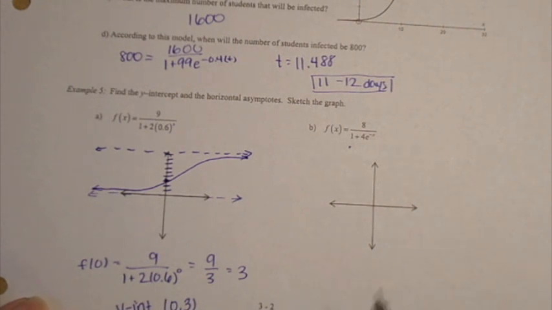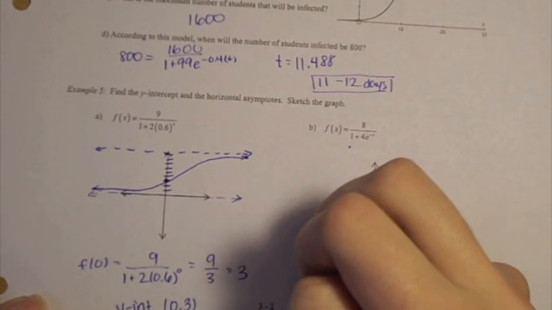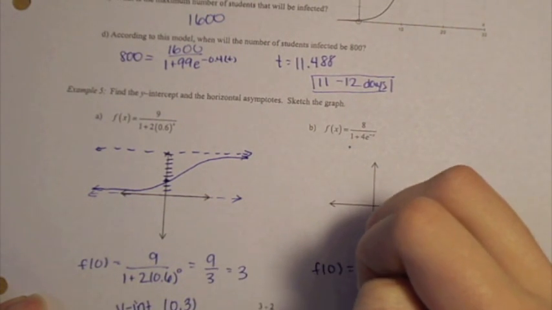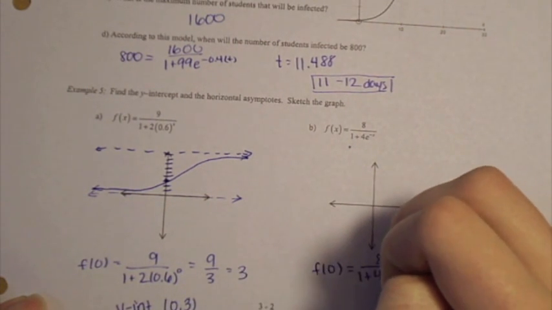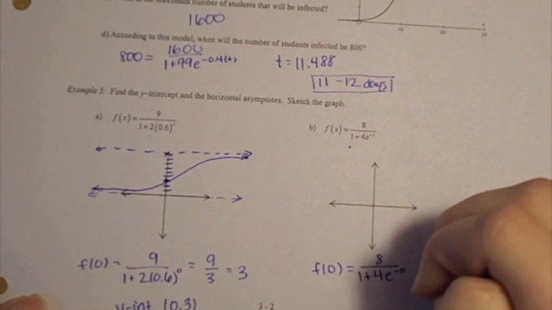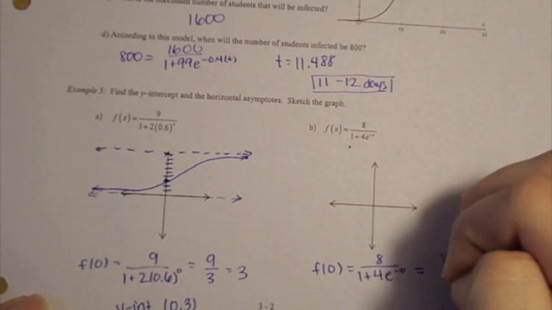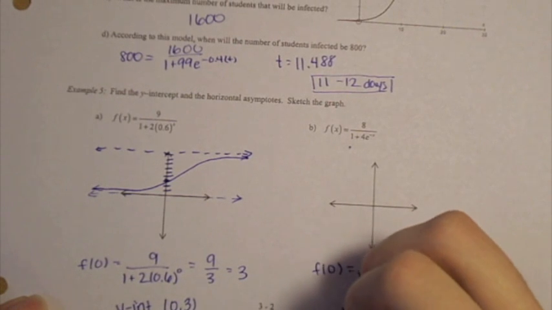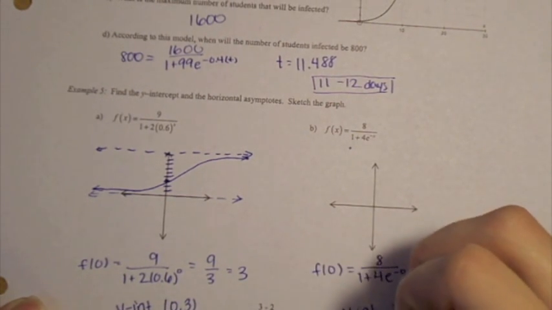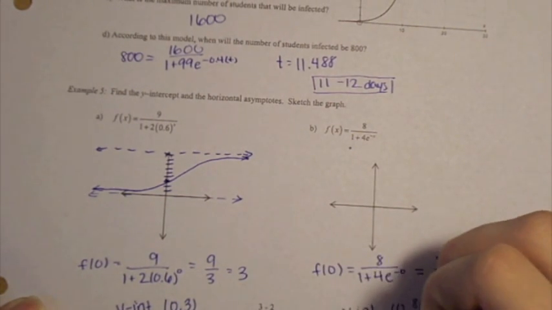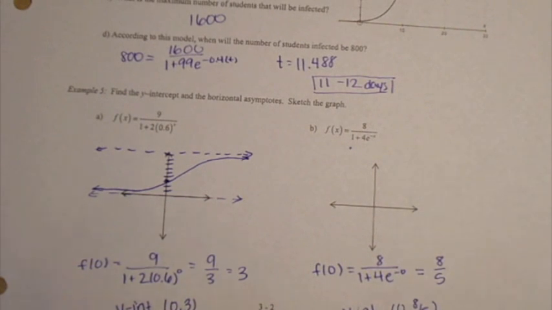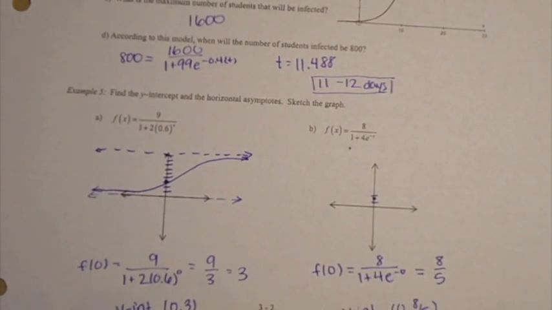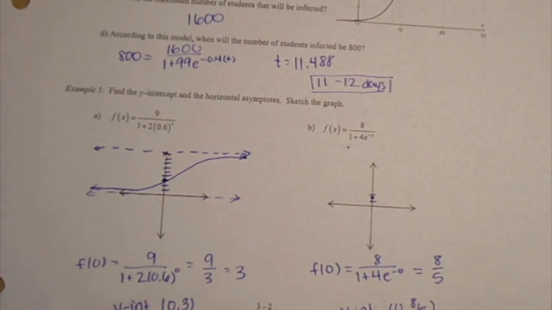Similarly, for the next problem, we can substitute in 0, so f of 0 equals 8 over 1 plus 4 e to the negative 0, which equals 8 over 5. So here our y-intercept is the point 0, 8/5, which is approximately there. It's 1.6.